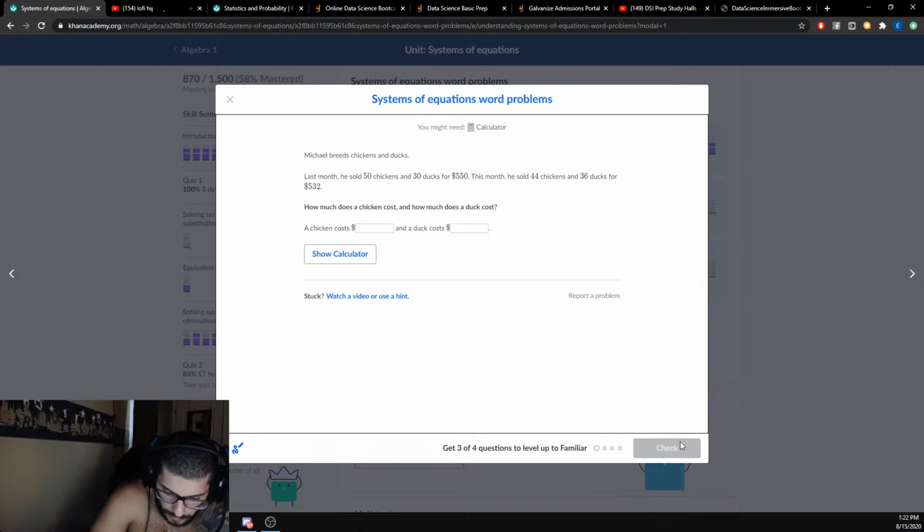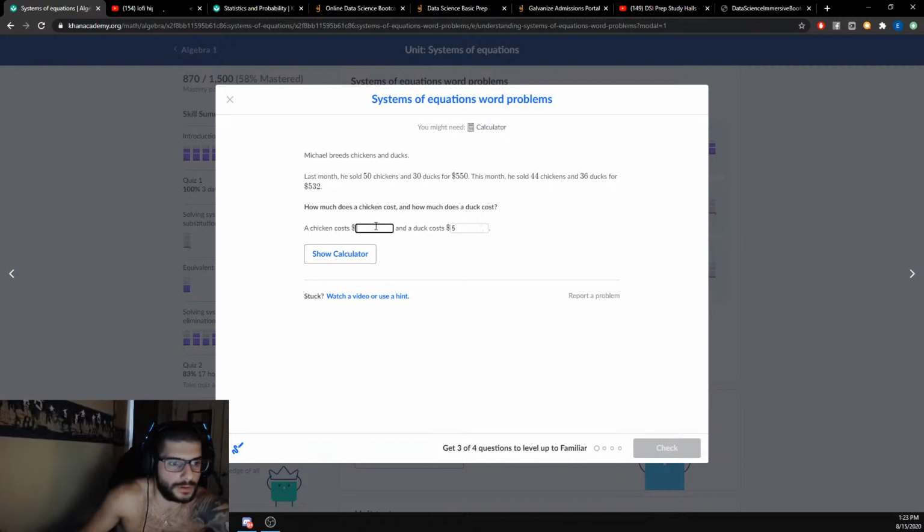Divided by negative 48. So y equals 5. Ducks cost $5. Put that back into the original equation.